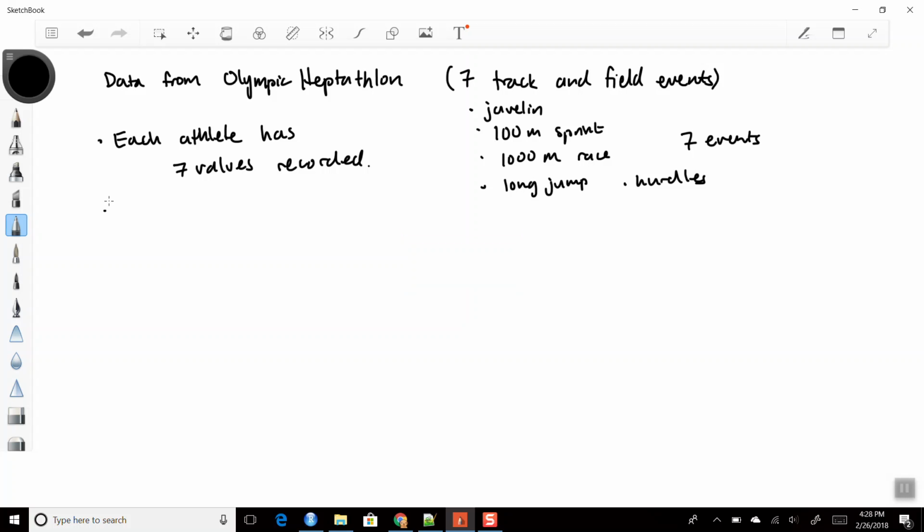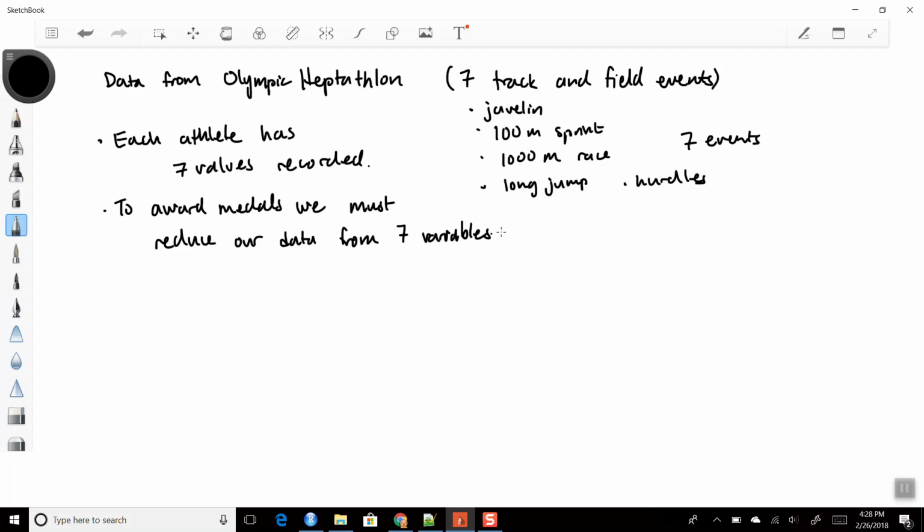So to award medals, we must reduce our data from 7 variables to 1 variable to provide a ranking.